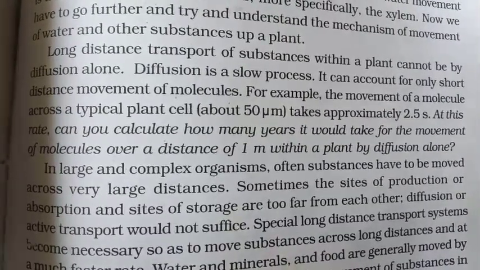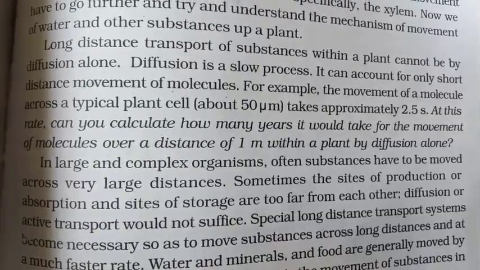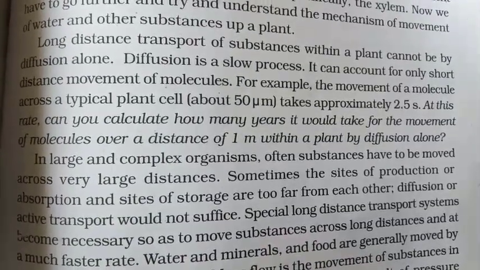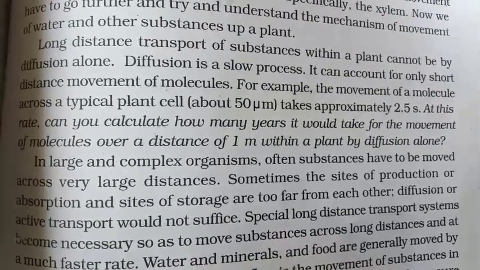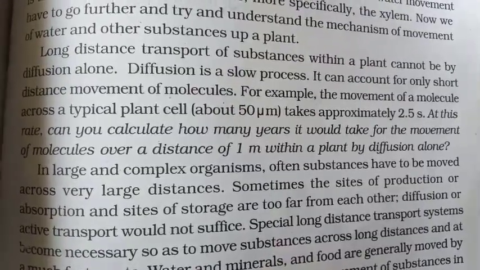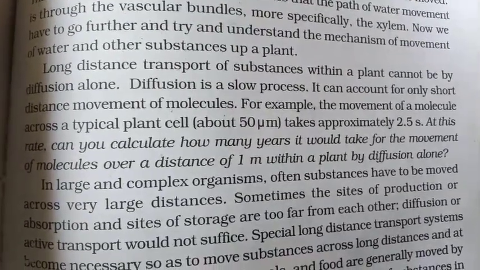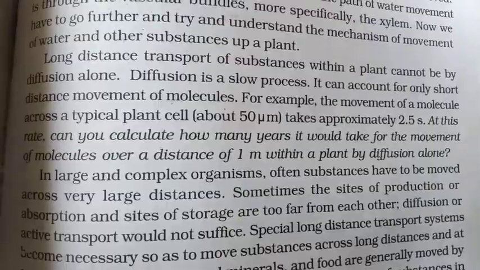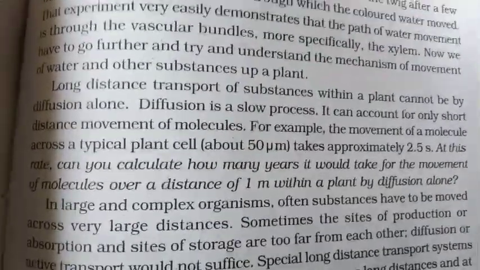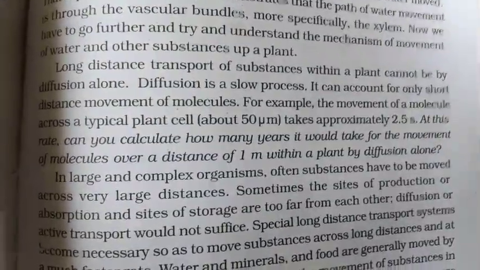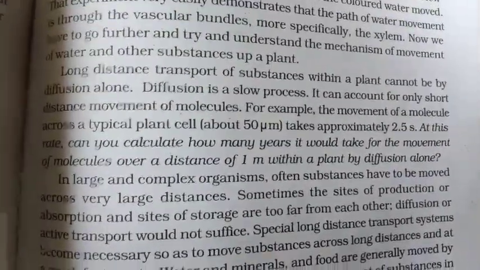At this rate, it would take years for molecules to move over a distance of 1 meter within a plant by diffusion alone. So diffusion is not the way by which long distance transport is maintained in plants.